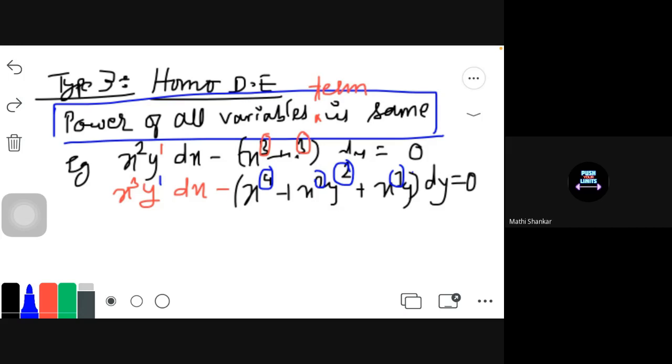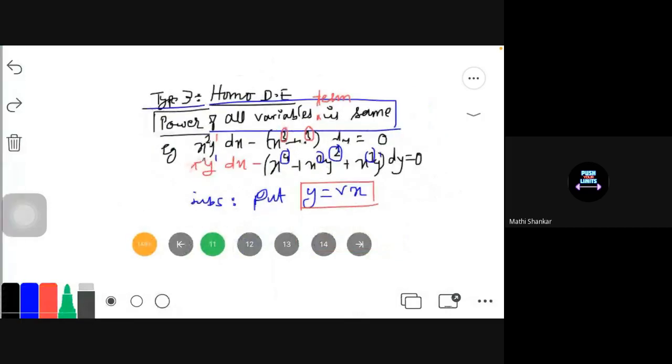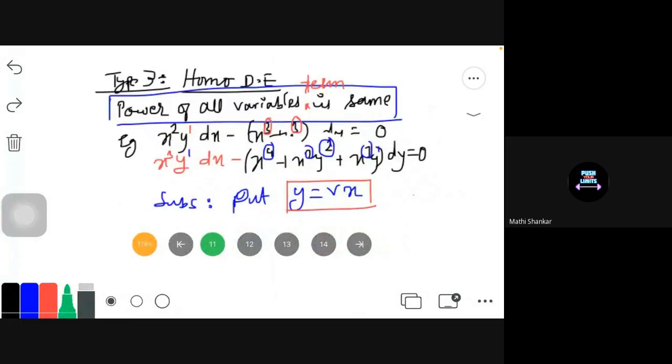So whenever we have homogeneous equation, we do a substitution. What is that? Put y is equals to vx. So the moment you find that it is a homogeneous differential equation, you don't have to think, you directly have to do this substitution, y is equals to vx.